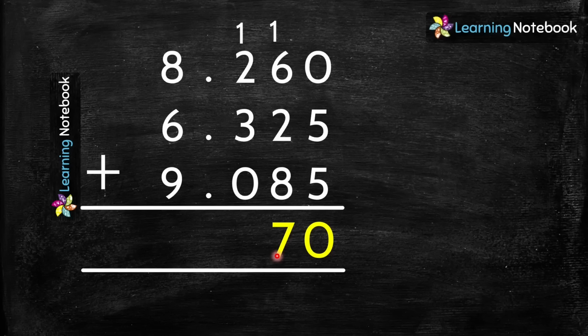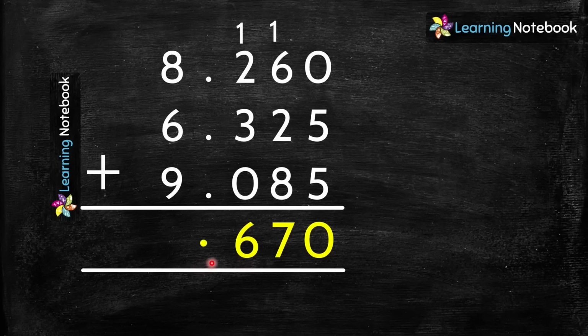Again carry 1 and write 7 in the answer. Next, 1 carry plus 2 plus 3 plus 0 equal to 6. So our addition of decimal part is complete.